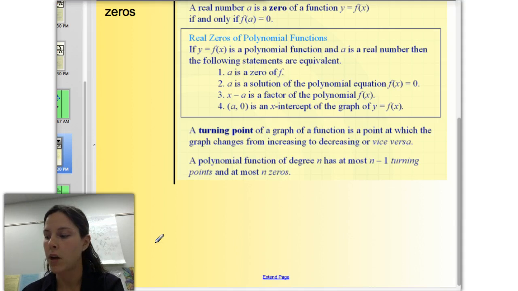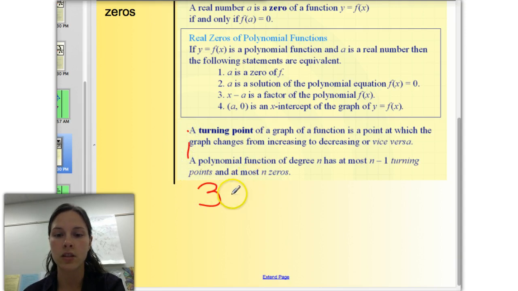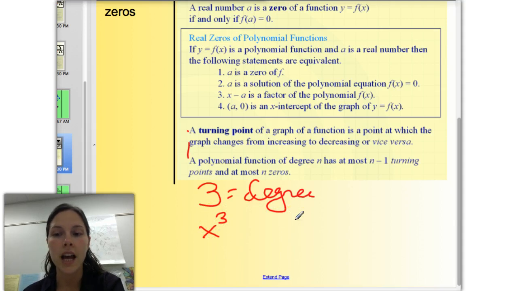So let's assume our polynomial has degree 3, meaning that's the highest power of the polynomial. So it would be, for example, a cubic function, and we might have some other terms along with it. Then it would have at most n minus 1 turning points. So if we take this degree of 3 and subtract 1, it would have at most 2 turning points.